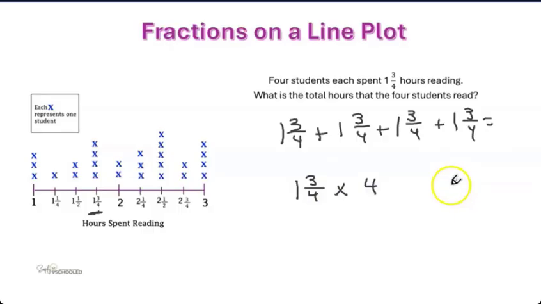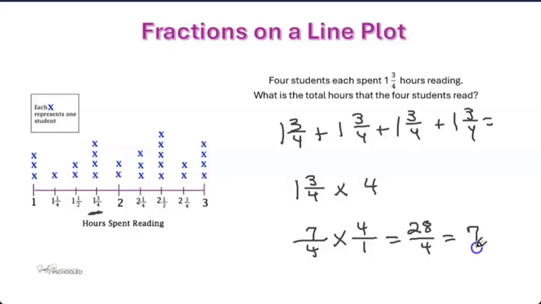Now, if you remember how to multiply mixed numbers and fractions, you know we have to turn the mixed number into an improper fraction. So 1 3/4 is the same as 4 times 1 is 4 plus 3 is 7/4 times 4, and I'm going to put that over 1 so we can multiply the numerators and denominators. 7 times 4 is 28, and 4 times 1 is 4. 4 divides into 28 7 times.